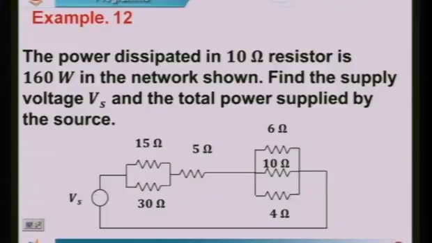Coming to this problem, the power dissipated in the 10 ohm resistor is 160 watt in the network shown. Find the supply voltage Vs and the total power supplied by the source. The given circuit is this.